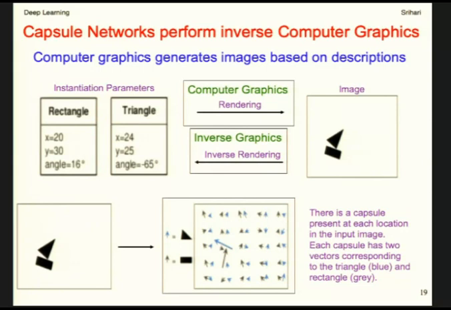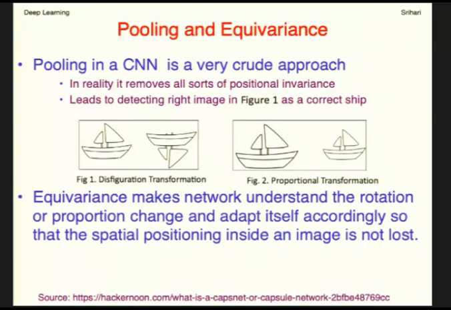So there is a strength in each of these, and a strong one over here. There is a capsule present in each location of the input image. Each capsule has two vectors corresponding to the triangle and the rectangle. So this is taking it to the next stage, saying that the vectors are capturing this information.